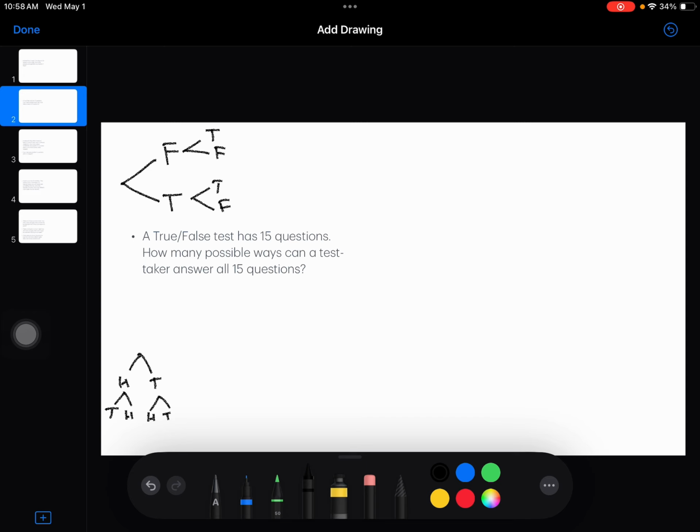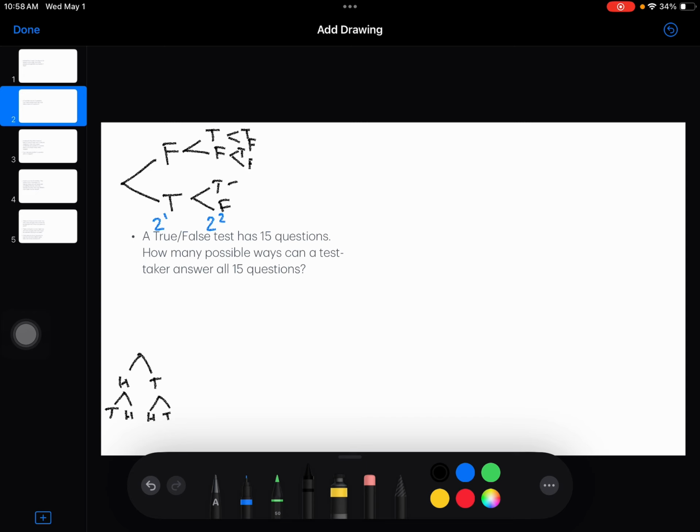We're going to get that 15 times. If you recall from other areas of probability, when we have independent trials and we're trying to figure out how many possible outcomes there are, we take the number of possible outcomes for each trial and raise that to the number of trials. If we kept on drawing this tree diagram, it would get rather big rather quickly, with a lot of branches.